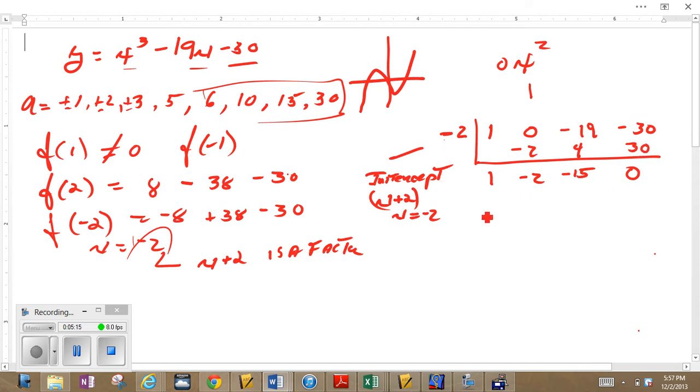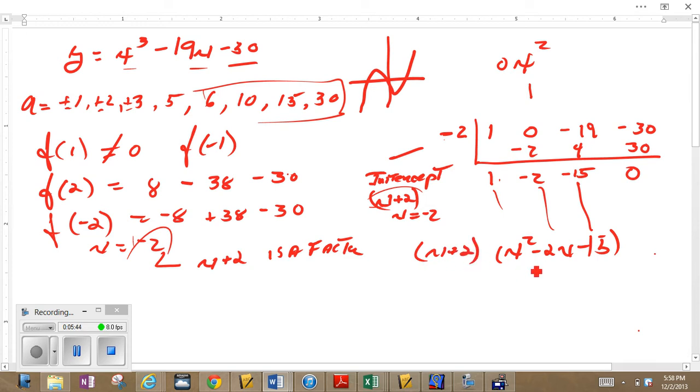Add. That's great. So what we know now is that since this was an x cubed expression and we divide it by a monomial, the resultant is an x squared. And here it is. These are the coefficients of the resultant division. So we've got x squared minus 2x minus 15 resulting from these items. And we had divided by the x plus 2.